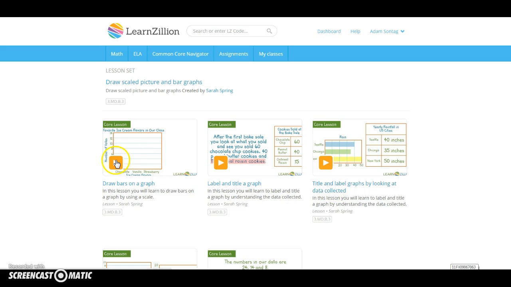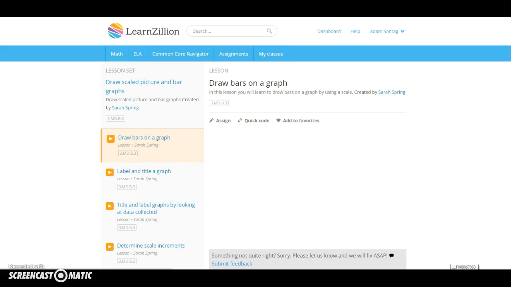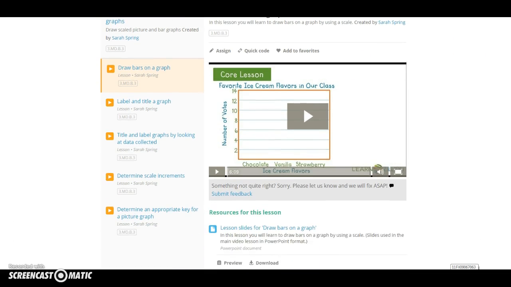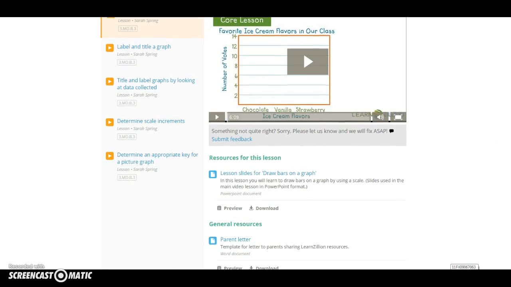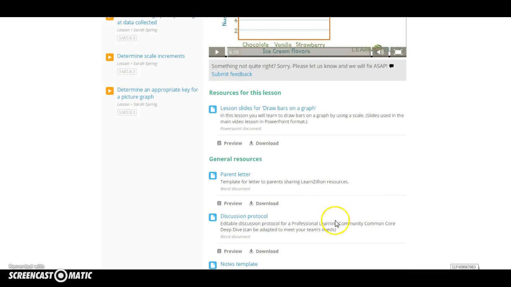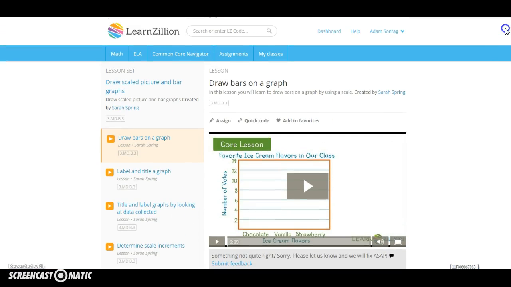So we'll go to the first one, draw bars on a graph. Once again, it comes back to all the different lessons that we can easily click on the left. Our resources again: a parent letter, discussion protocol. So they're very similar on each lesson, so it's easy to use, it doesn't get confusing, and we will watch part of this lesson as well.